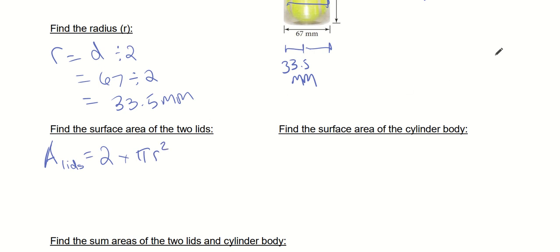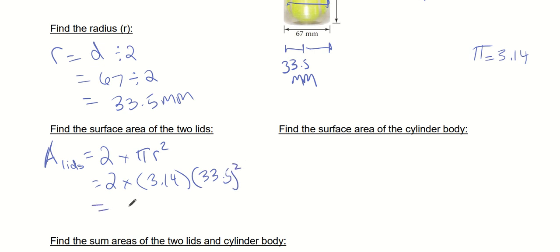And as you may remember, pi is always 3.14. That's a constant. This will never change. For all your math problems, it will always be the same. Pi will always be 3.14. So let's write in our numbers. So we have 3.14, and then the radius is 33.5 squared.